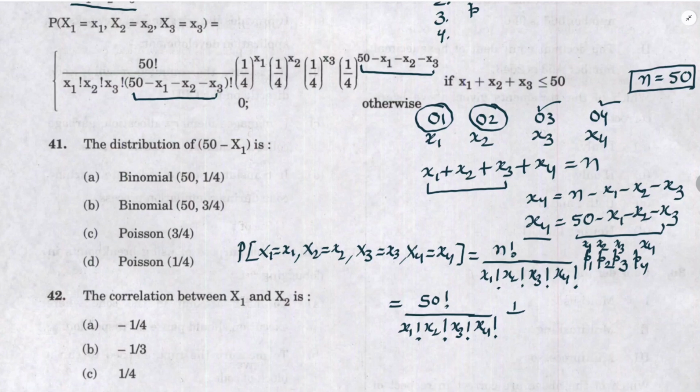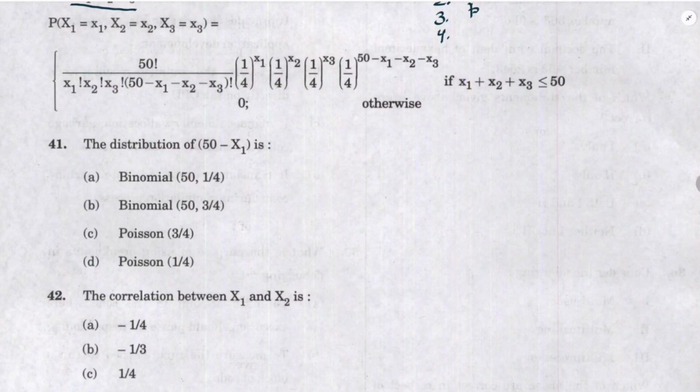So we can write 1 upon 4 to the power x1, 1 upon 4 to the power x2, 1 upon 4 to the power x3, and 1 upon 4 to the power x4. So this is exactly the same as this PMF. Okay, now we can go and solve the question.